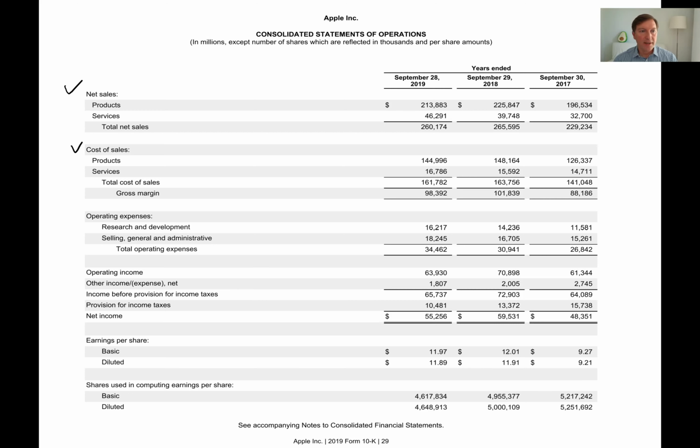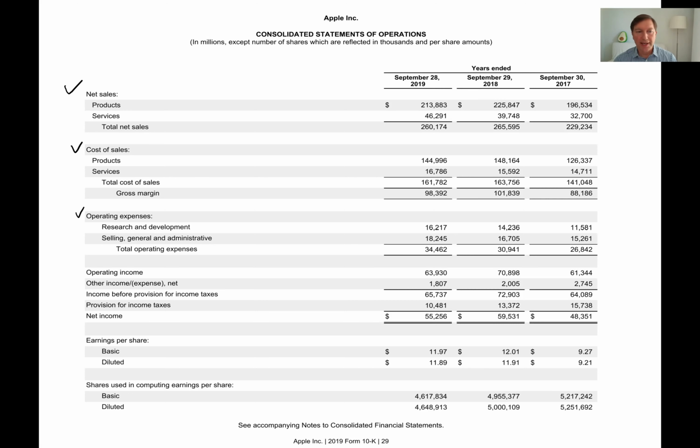So cost of sales tells us how much the goods that we sold and the services that we sold actually cost us as a company, right? And the difference is called gross margin. Okay, the next item is operating expenses, right? Cost of sales is an operating expense, but we also have research and development, and then sales, general, and administrative.